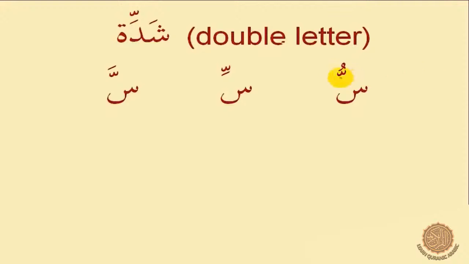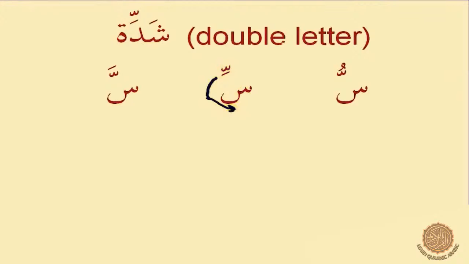So, as you can see, the Shadda with a Damma, the Shadda with a Kasra, and the Shadda with a Fatha. One point, the Kasra here is usually written under the Shadda, or it can actually be written underneath the letter itself. So the actual Kasra can go down here as well. But the Shadda stays there. The Shadda will never be on the bottom.